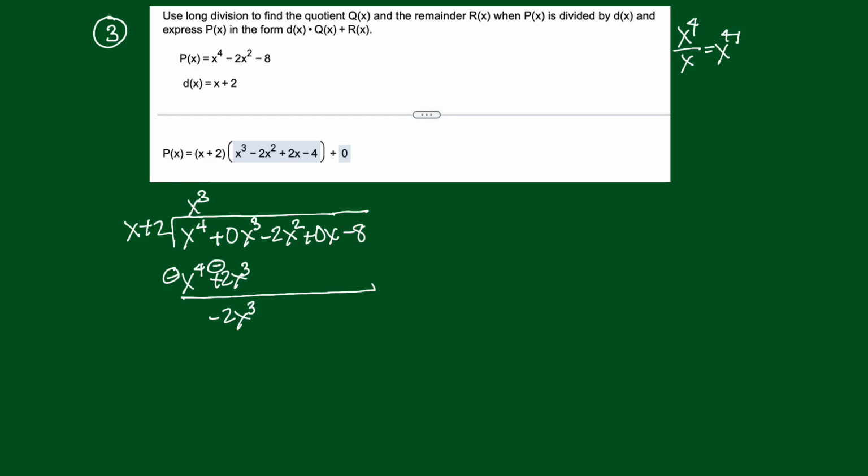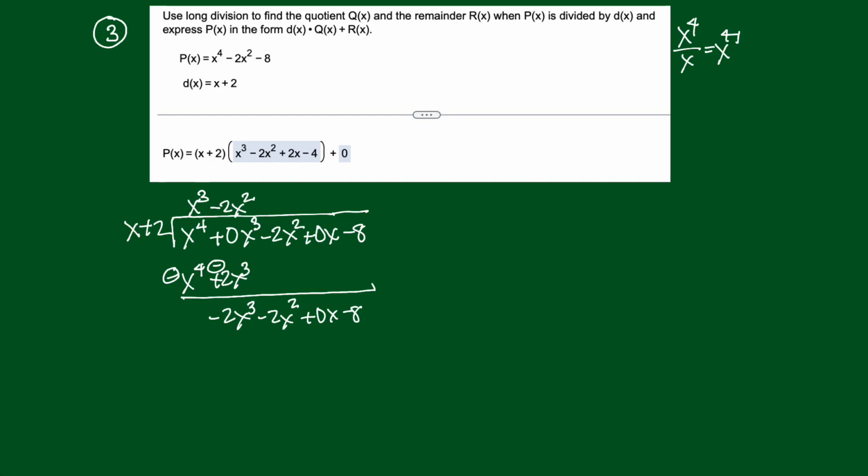So bring down the rest of this here. So we'll bring down minus 2x squared plus 0x minus 8. Start it over again. So we will get first into first. So x into negative 2x cubed, subtract, right? 3 minus 1 is 2. And so we'll get a negative 2x squared. Now multiply. Those first will always match.